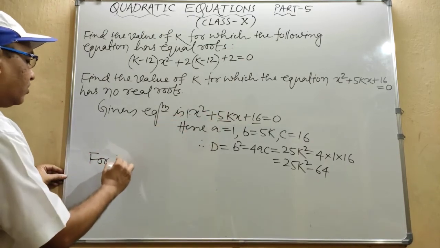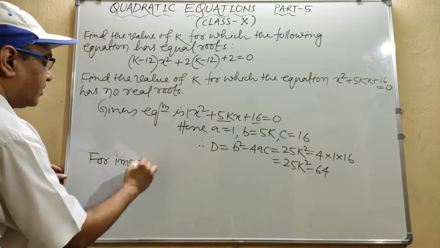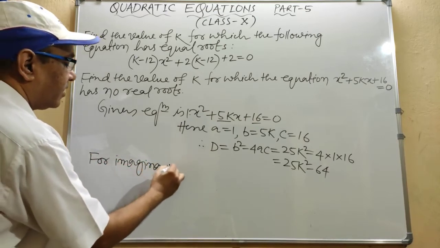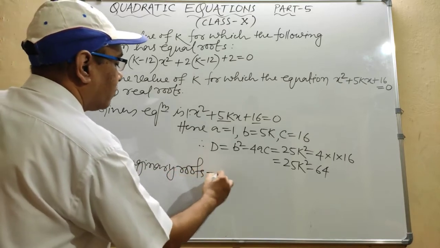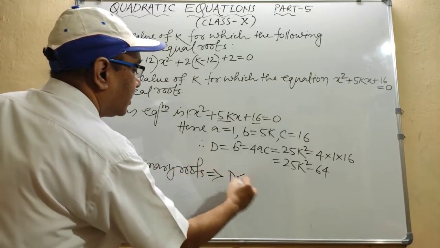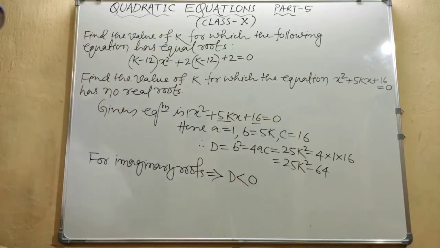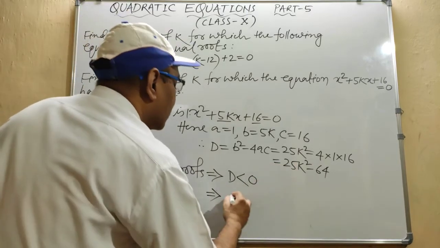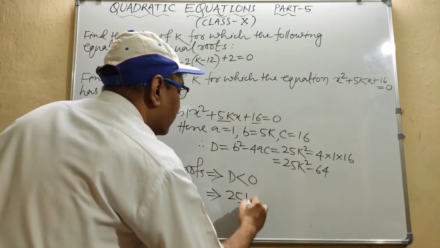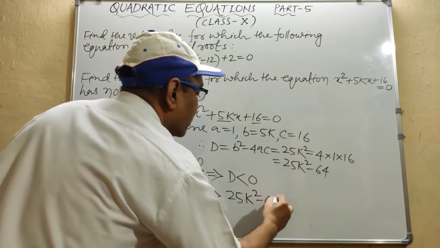For imaginary roots, d must be negative, d must be less than 0. This implies, what is your d? d means this 25k square minus 64.